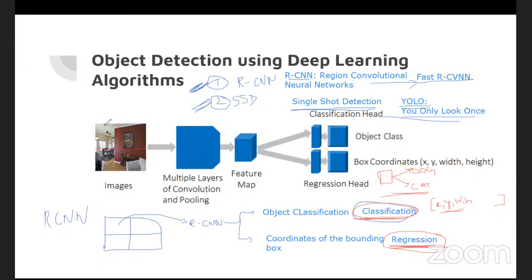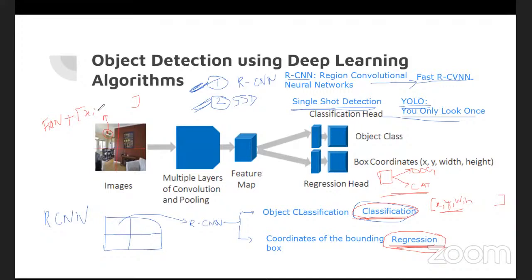In the first part, you can see that there is a fan. So my object detection algorithm will classify that it is a fan, plus it will give me the details of the bounding box of the fan.